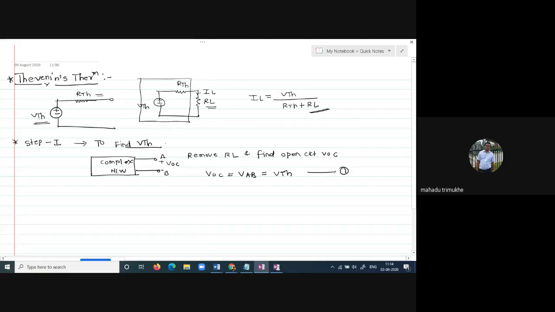That way you have to find VTH across an open circuit. Step number one is to find VTH: remove the load resistor RL, look back into the network at the open circuit, and find the voltage across the open circuit terminals. That is your VTH, the Thevenin voltage.